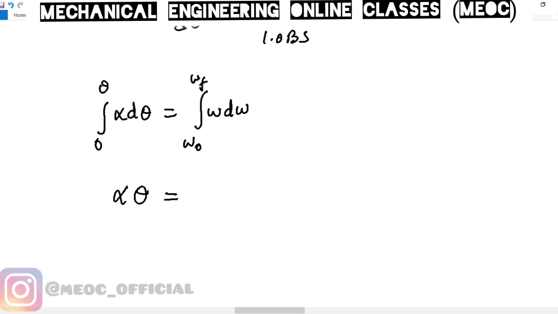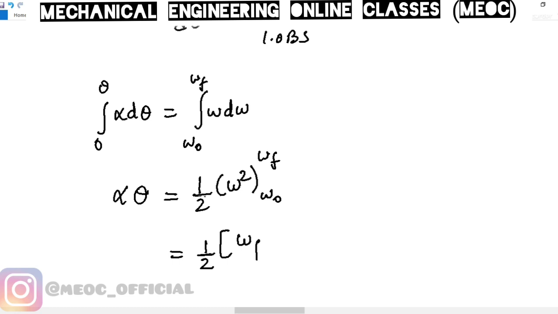Alpha theta is equal to integral omega d omega will be omega square by 2, which is changing from omega naught to omega f. So we can write this as half into omega f square minus omega naught square.